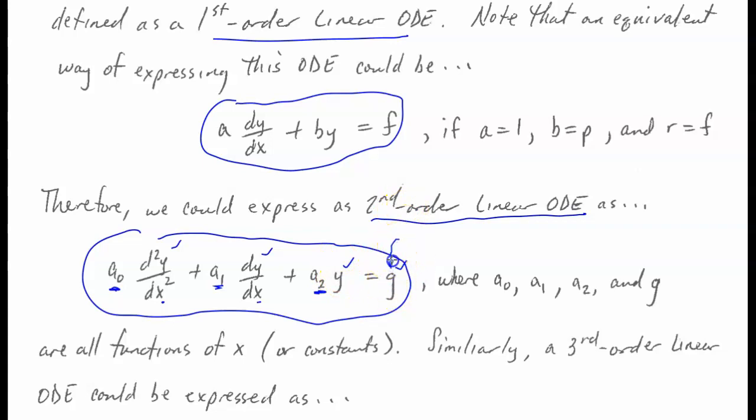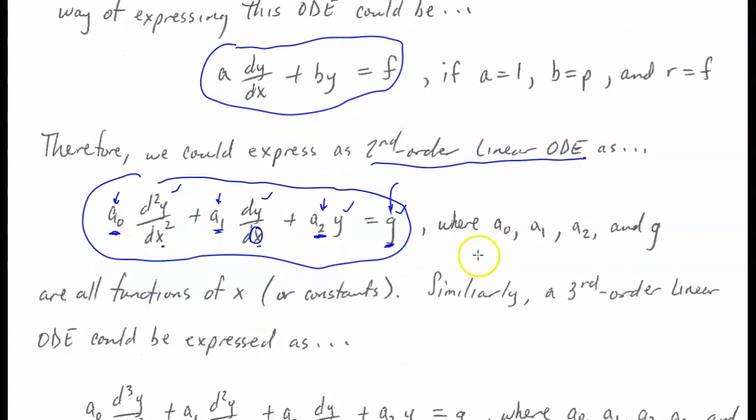And of course, this could be either a constant or a function as well. If this is going to be a function, it is also going to be a function of x, just like these coefficients here. So again, these coefficients can either be constants or functions of x only, or functions of whatever the independent variable is.